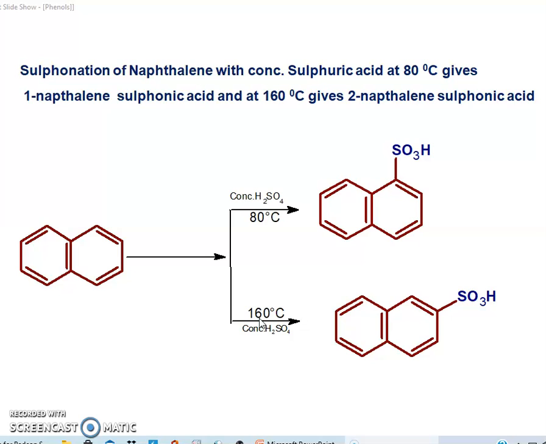Naphthalene sulfonic acid on neutralization with NaOH gives the corresponding sodium salt, like sodium naphthalene sulfonate, at 80 degrees centigrade and 160 degrees centigrade. At 80 degrees centigrade it is a kinetic product, and at 160 degrees centigrade it is a thermodynamic product which will be formed.